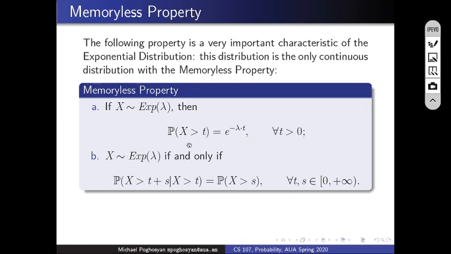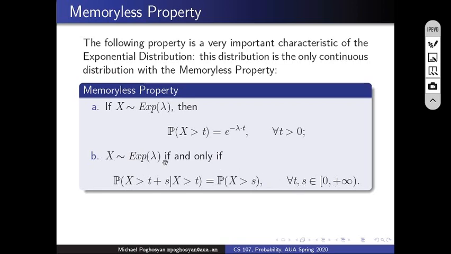And this is the memoryless property. If X is exponential with parameter lambda, then the following property holds, and if this property holds for any t and s, then X is exponential lambda.